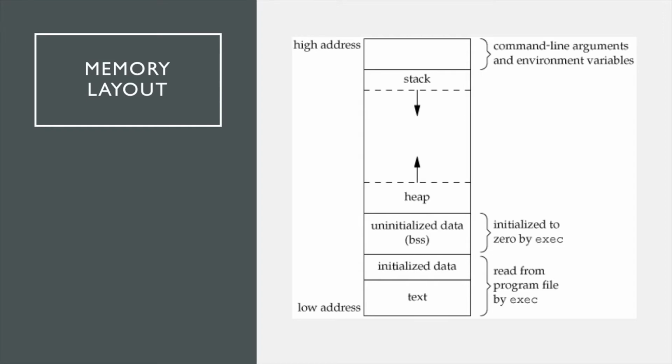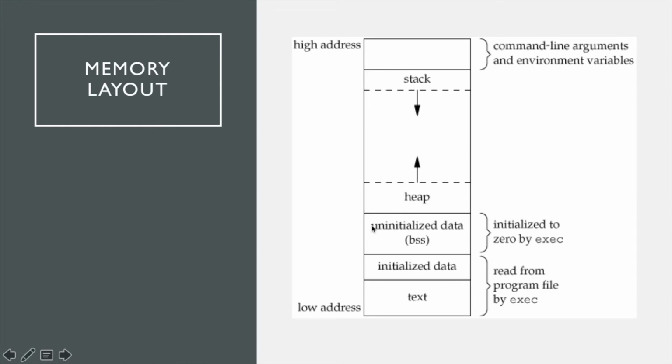It's about dynamic memory allocation. So if you don't know how much memory you are going to need, you are going to use something called dynamic memory allocation, malloc, calloc, which you are going to study throughout the series. So that dynamic memory allocation happens inside the heap.